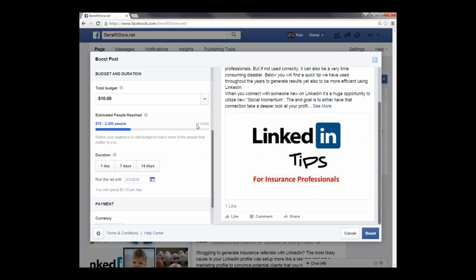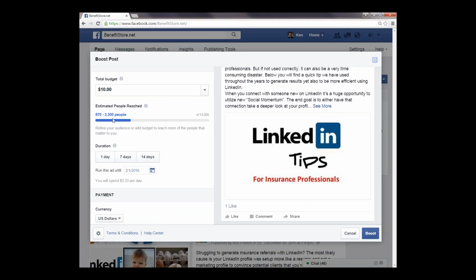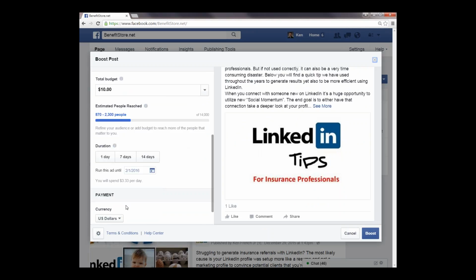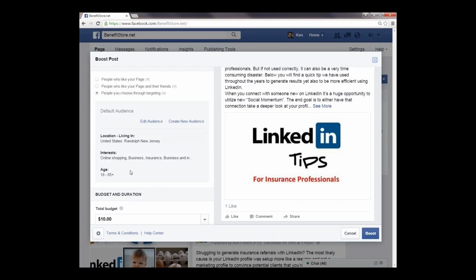It gives you the estimated amount of people who are going to see it and the duration it's going to show up for, and it allows you to really fine-tune the ad, which in my opinion is going to be the future of advertising to some extent.